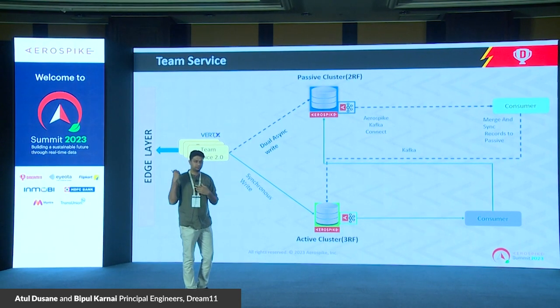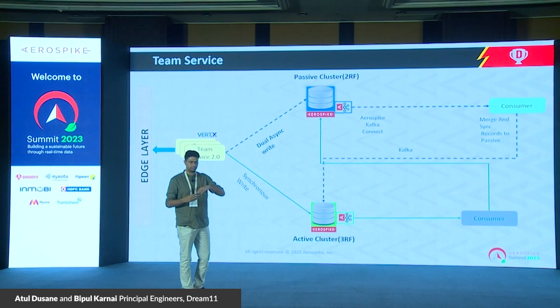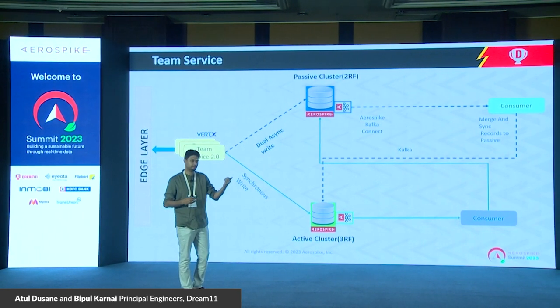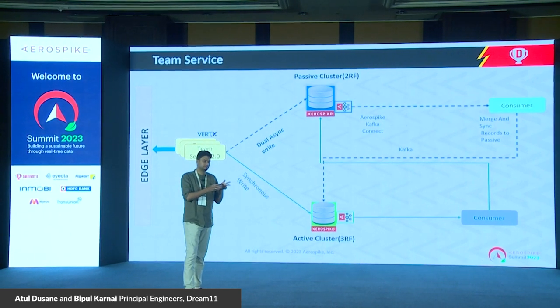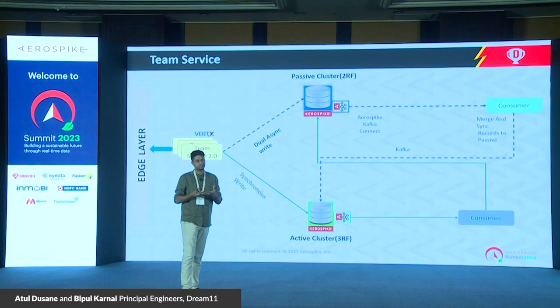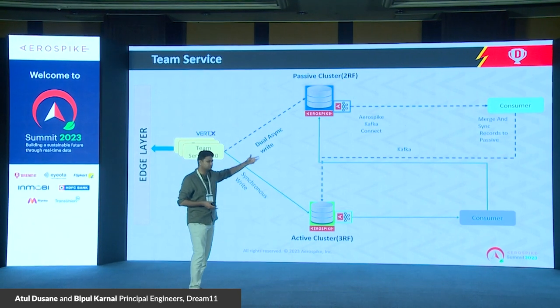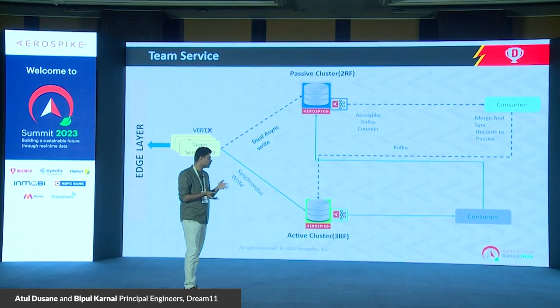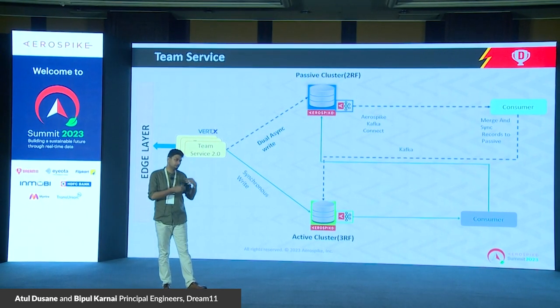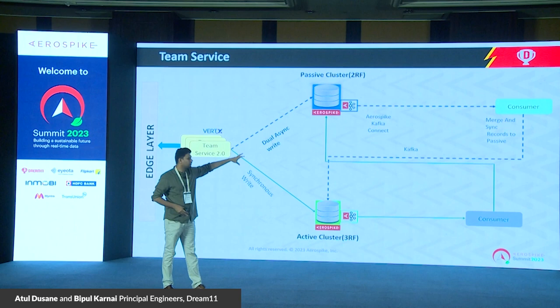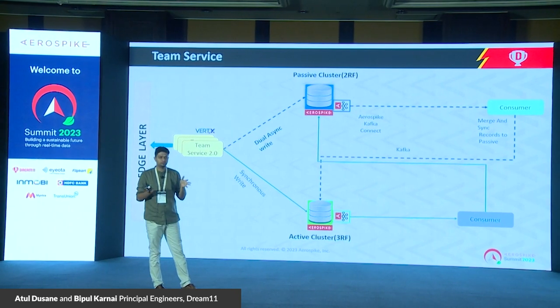So let's say a user writes to active, and there is a cluster switch and people also write to passive. The handling or the merging of the teams, this logic was explicit, and that is why we wrote our own consumer and implemented this logic there. Because XDR would ideally just override it, or you have to handle it explicitly. But here we can write our own logic for how we want to merge the teams.